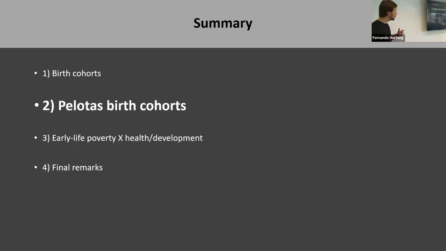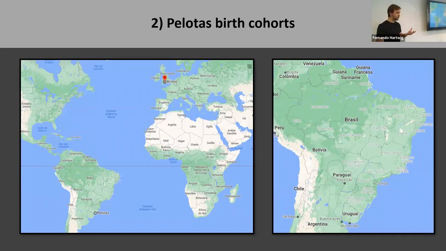And what I'm going to be presenting now is one of the earlier examples of large-scale population-based cohorts in lower and middle-income countries, which are the Pelotas birth cohorts. So first, some geographic context, right?